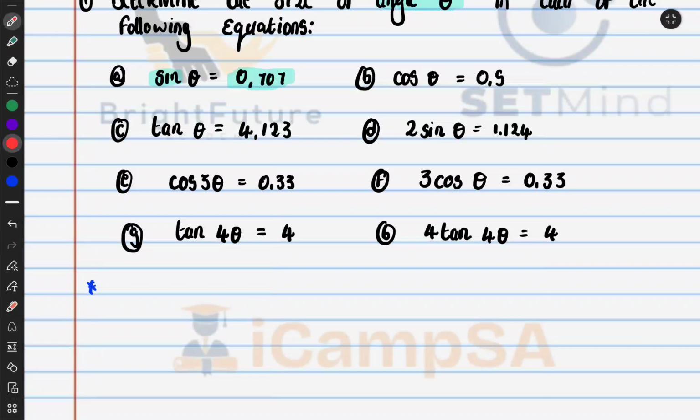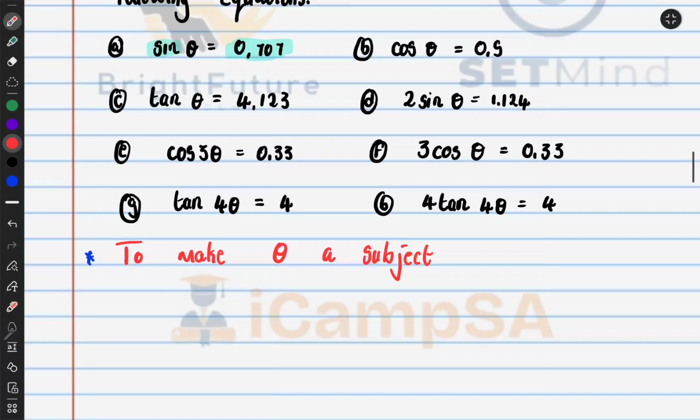So let me just say, to make theta a subject, on your calculator, first step is to press shift, the shift button.